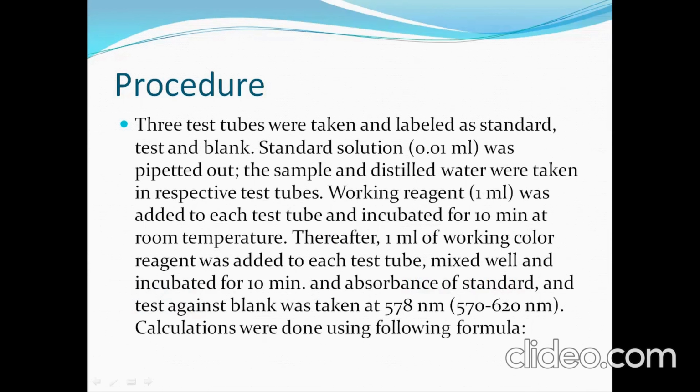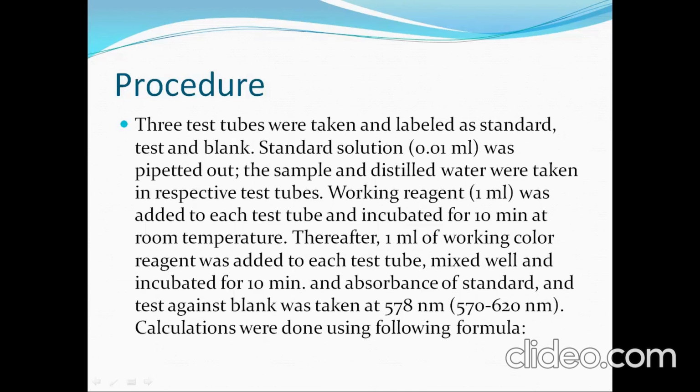Procedure. 3 test tubes were taken and labeled as standard, test and blank. Standard solution, that is 0.01 ml, was pipetted out and the sample and distilled water were taken in the respective test tubes. The working reagent, that is 1 ml, was added to each test tube and incubated for 10 minutes at room temperature. Thereafter, 1 ml of working color reagent was added to each test tube, mixed well and incubated for 10 minutes.